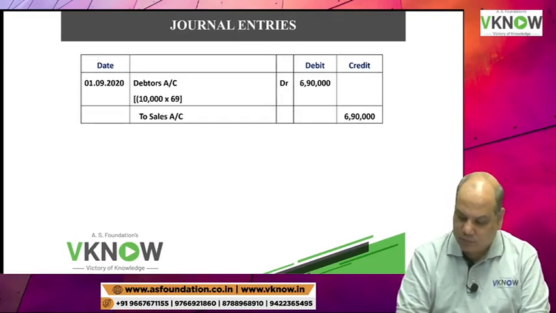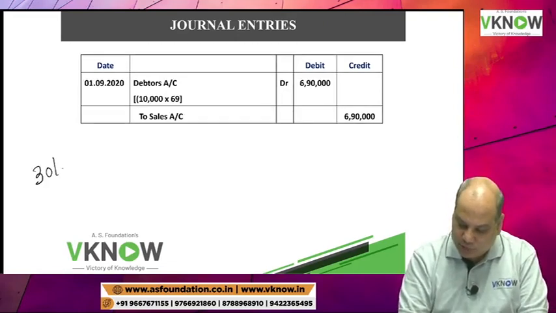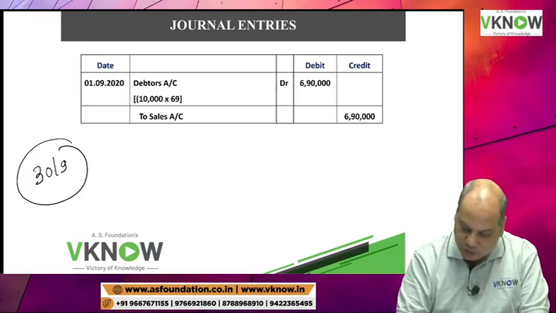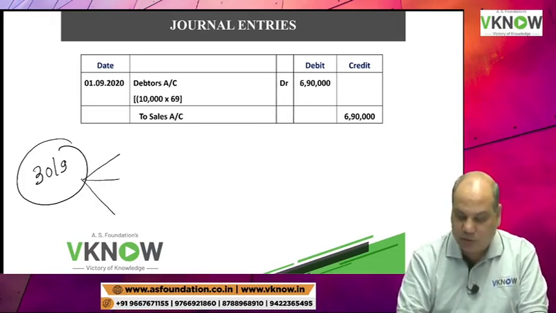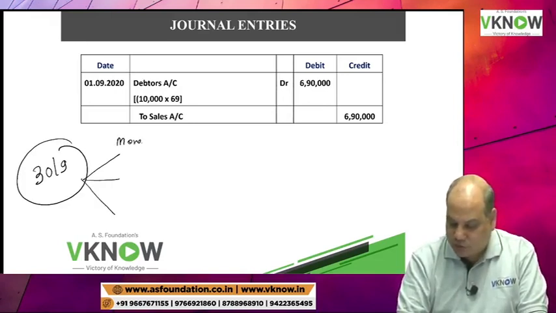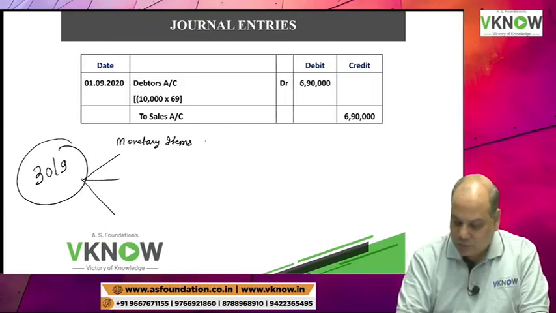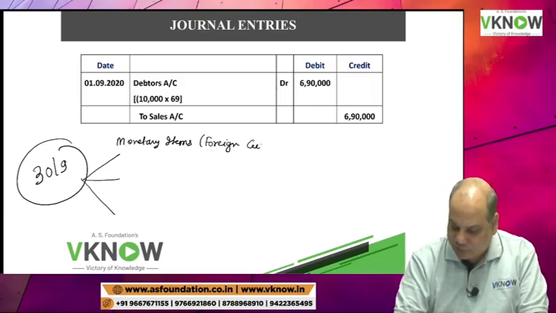Now what happened? We will come to 30th September. On 30th September we will see which are monetary items and which are denominated in foreign currency.